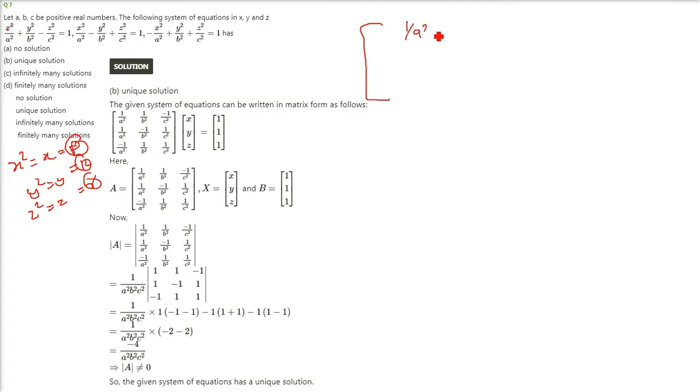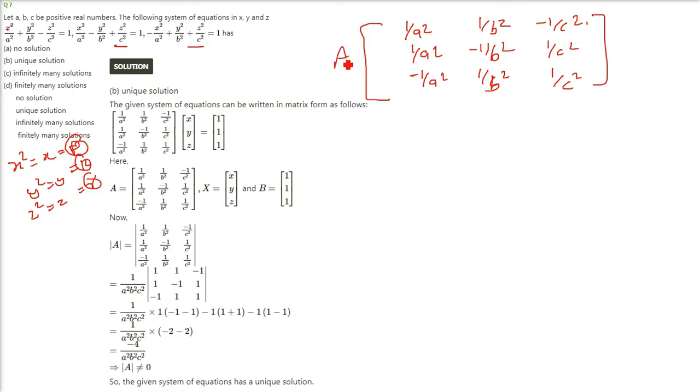So I'm writing it here. The coefficient of x, y, z, that is x square, y square, z square: 1 by a square, 1 by a square, minus 1 by a square. Coefficient of y is 1 by b square, minus 1 by b square, and 1 by b square. Then we have the third one, the coefficient of z: negative 1 by c square, 1 by c square, 1 by c square.